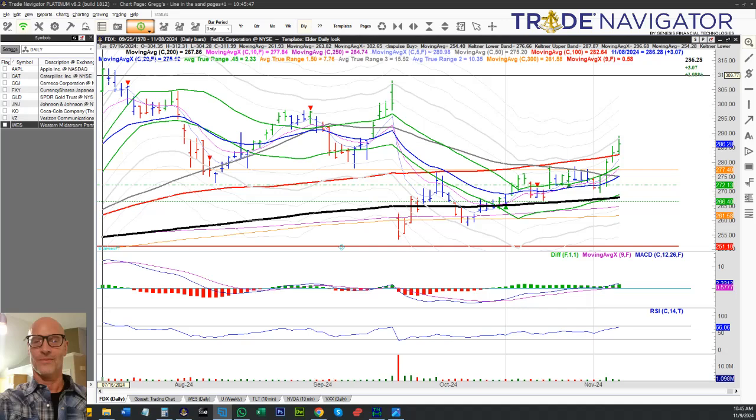And then, most importantly, we're going to talk about how I am going to manage the trade going forward: how I position sized, where I place my emergency stop, where I place my end of day stop, how I'm going to take partial profits into any strength that I have on the trade. And then we're also going to talk about significant overhead resistance levels and how I'm going to exit the trade.